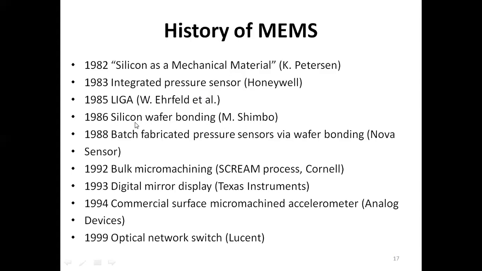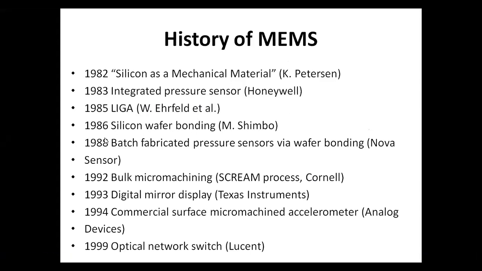So how to bond two silicon wafers together? You fabricate half of the device on one silicon wafer and half of the other device on the other silicon wafer, and then you have to bond them. It was done in 1986.